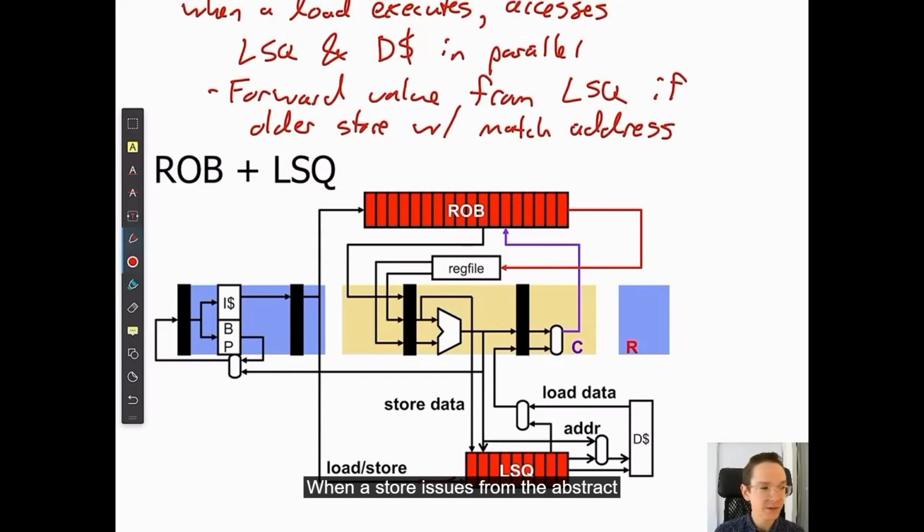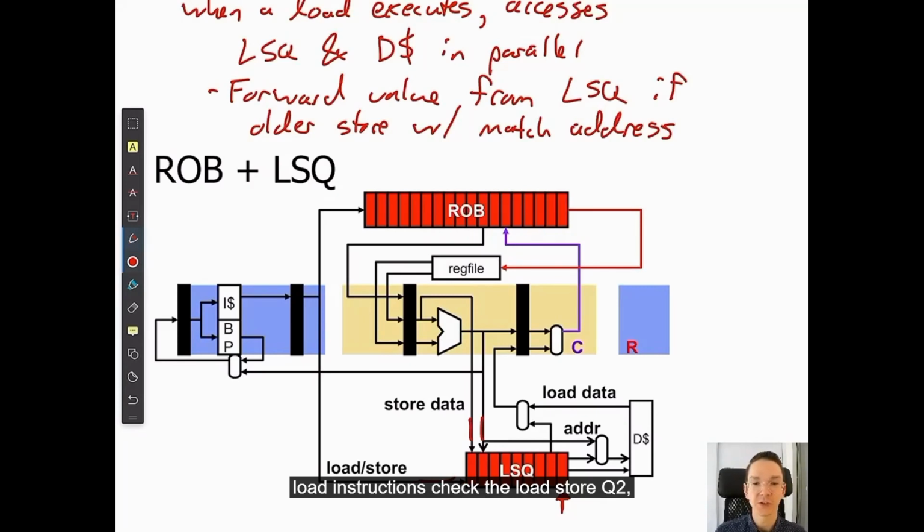When a store issues from the abstract instruction buffer or reorder buffer, we'll see soon that there are reservation stations under the hood there. The store data and store address are written to the load store queue entry for that store. The head of the load store queue finally writes to the data cache when that store instruction is about to retire, so that if we need to recover precise memory state, we simply flush the load store queue.